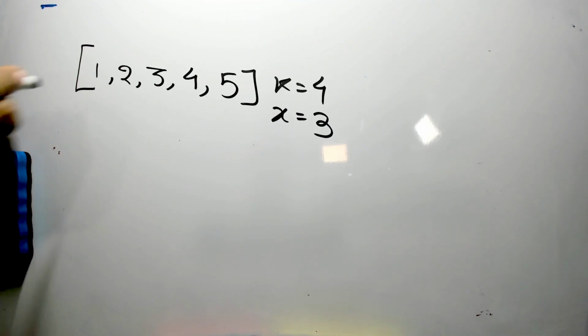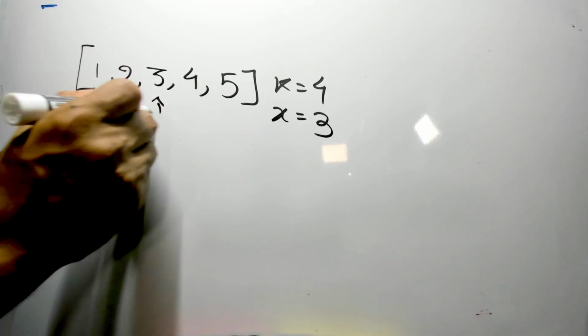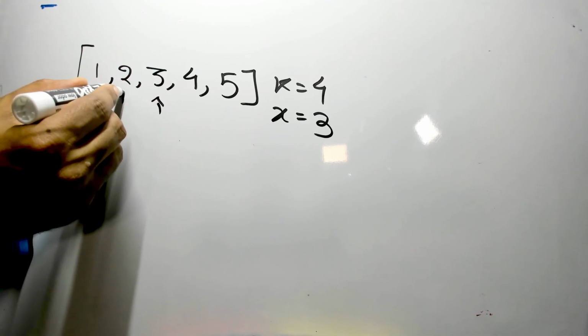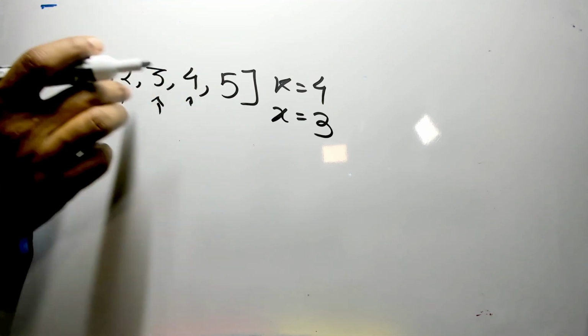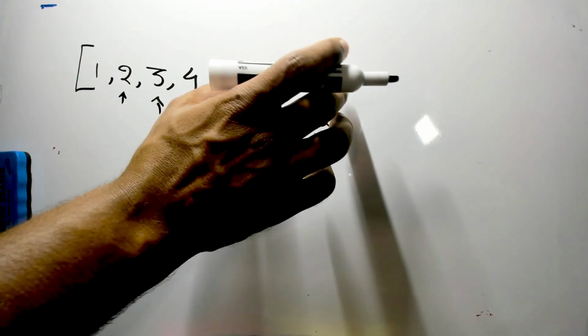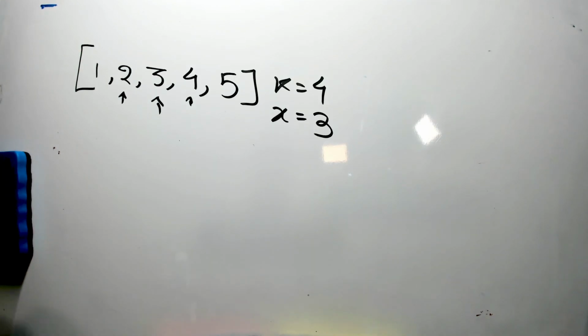As I said, if we find the x in the array, that is here, then we can create pointers on the left and right and keep checking our absolute values around that value until we reach the k length, and we can return the values.